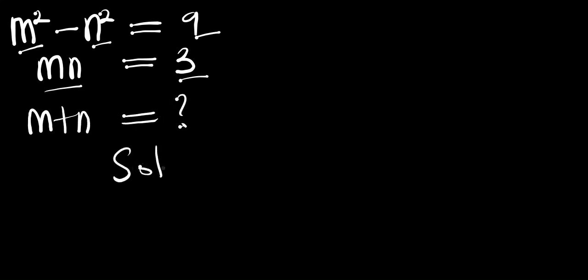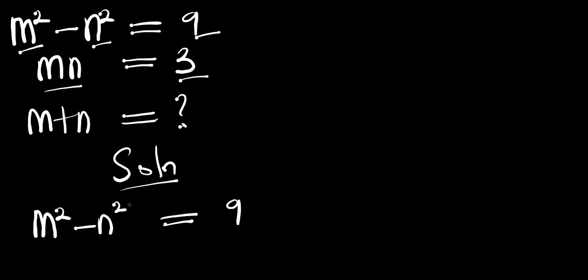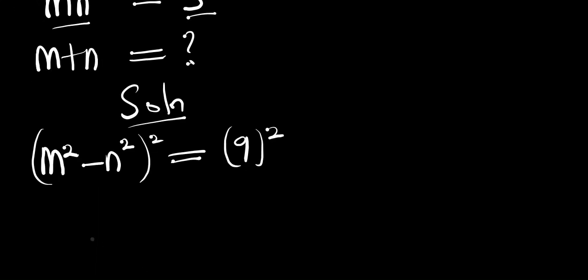We have the solution. Recall we have m power 2 minus n power 2 equals 9. We can take the squares of both sides of this equation.